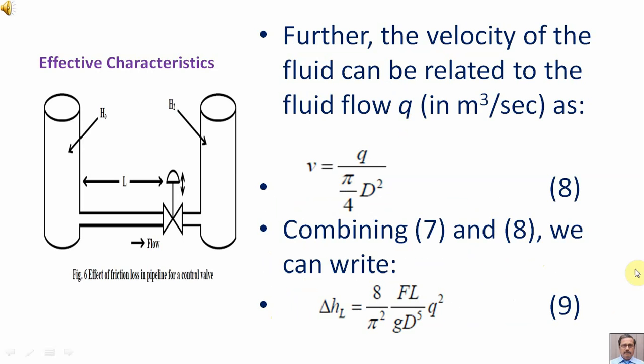Further, the velocity of the fluid can be related to the fluid flow Q in meter cube per second as shown in equation 8. Combining 7 and 8, we can write delta HL equal to as shown in the equation 9.